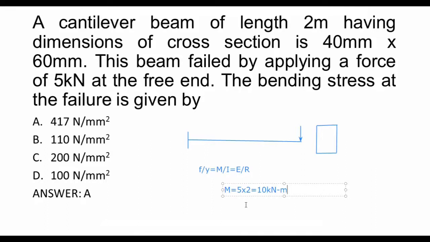This is M value. Then I value we have to find. What will be I value? It will be b d cube by 12. So b is 40, d is 60. So 60 cube upon 12. Okay.